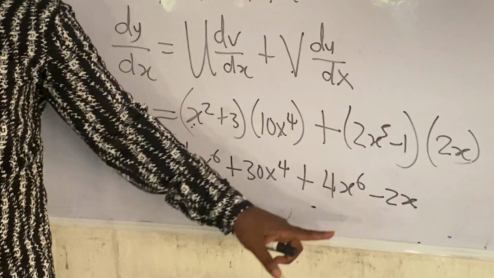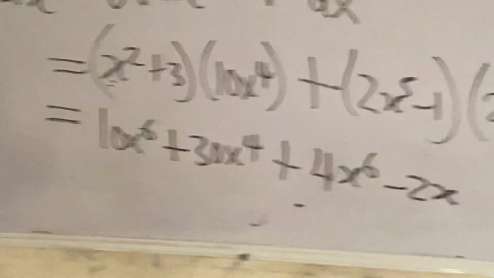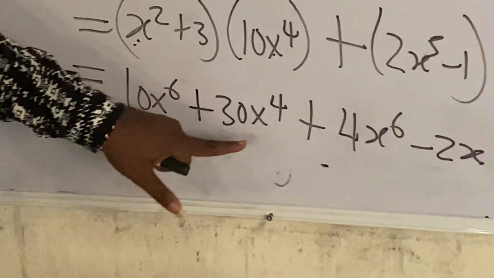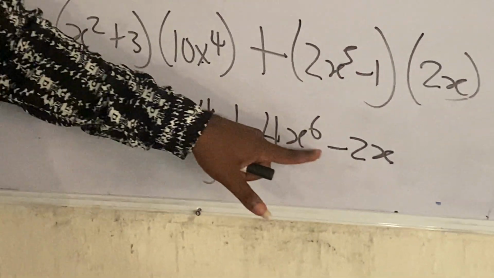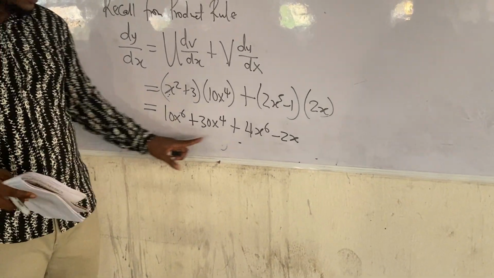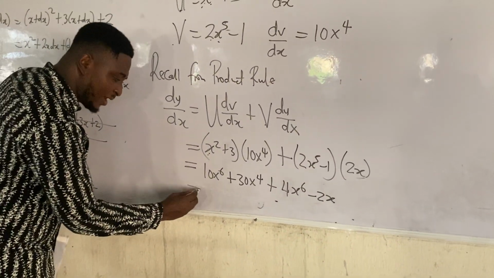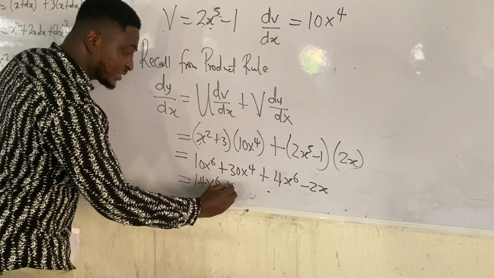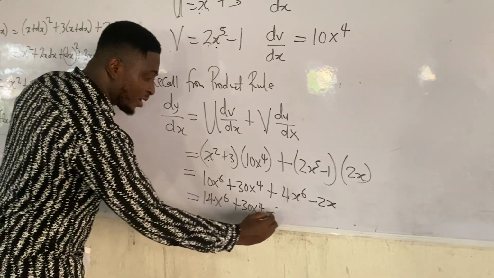Remember, when we did polynomials, you cannot add up terms of different degrees, right? They are not at the same level. This is x raised to power 6, this is x raised to power 4. Then 10x raised to power 6 plus 4x raised to power 6 gives 14x raised to power 6, plus 30x raised to power 4 minus 2x.